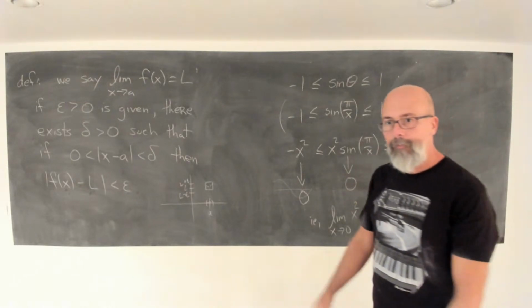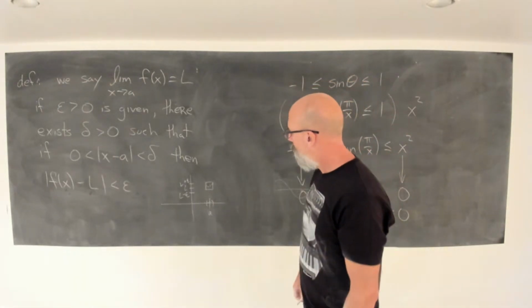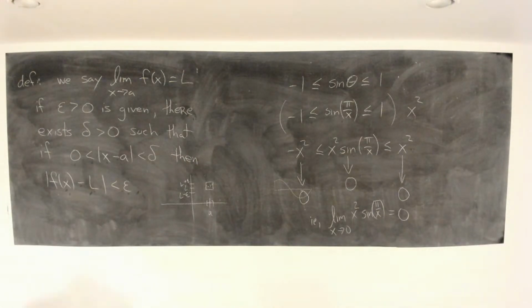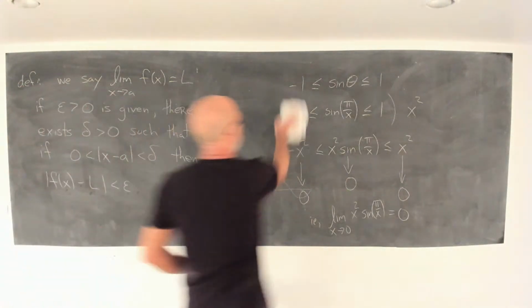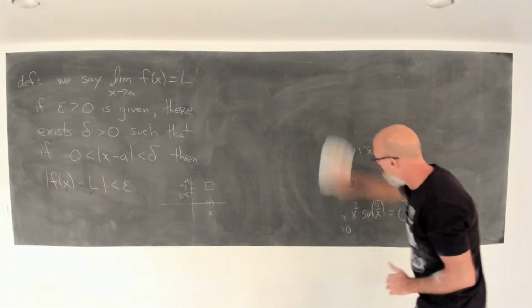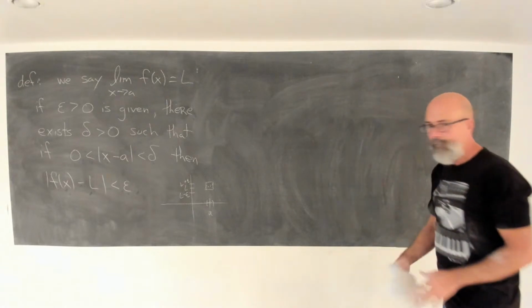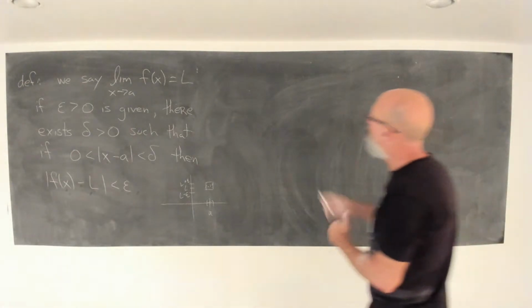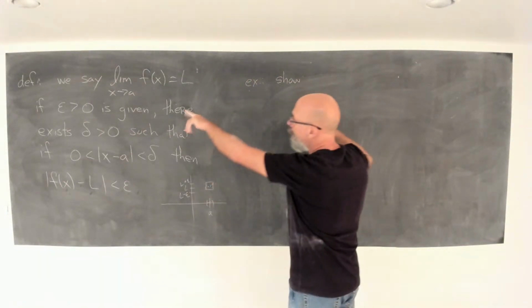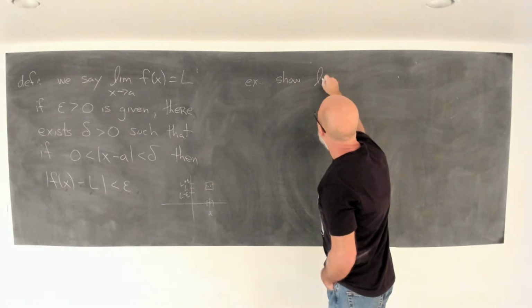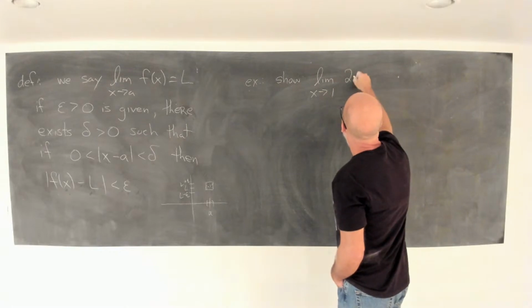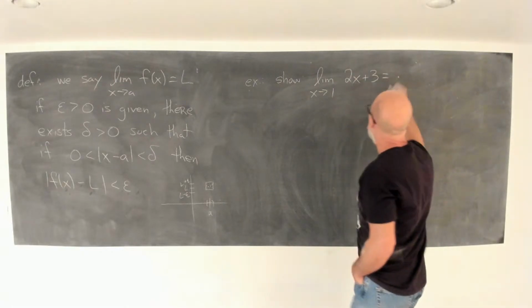Let's take an example. Let us show, using this epsilon delta definition, the limit as x goes to 1 of 2x plus 3.